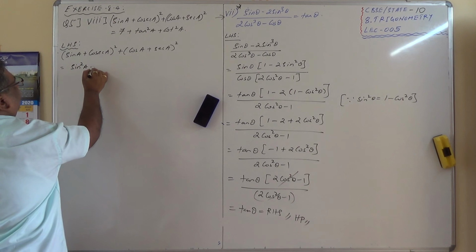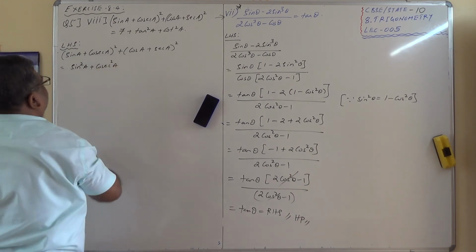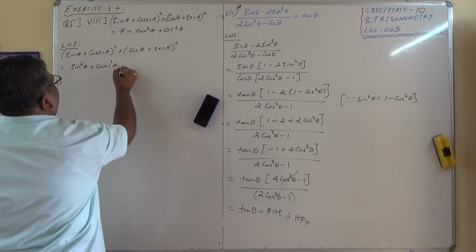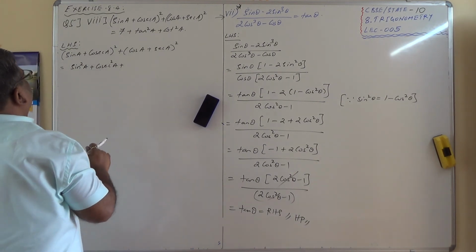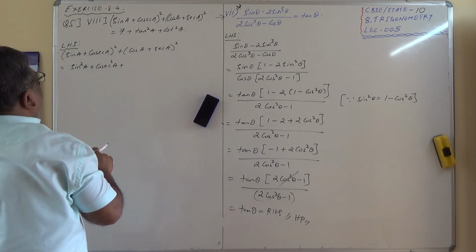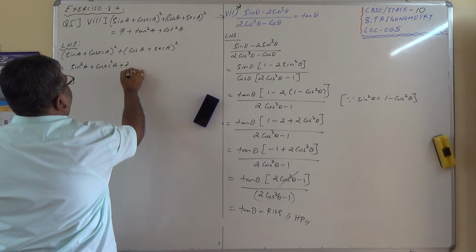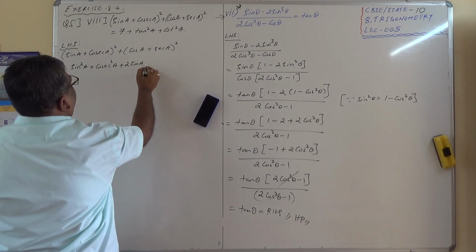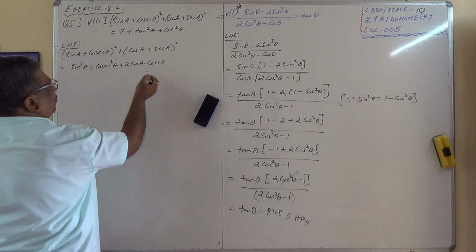Sin square A plus cosec square A plus 2 times sin A into cosec A. Remember, sin into cosec A is 1.